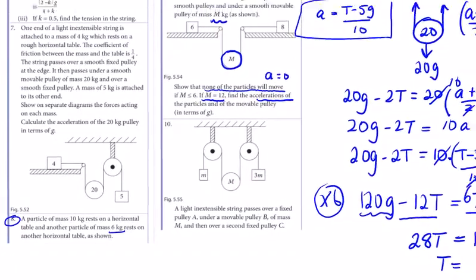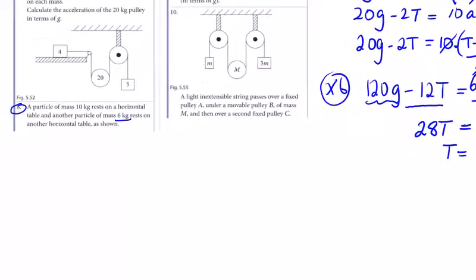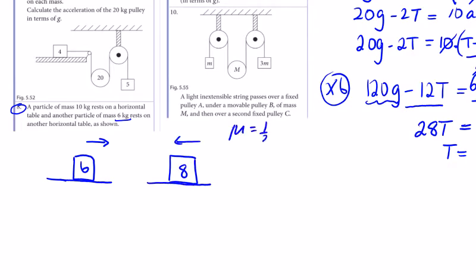Okay, we have our 6, our 8, and our M, and friction is a half. So we have our 6, our 8, going in this direction. Friction is a half.